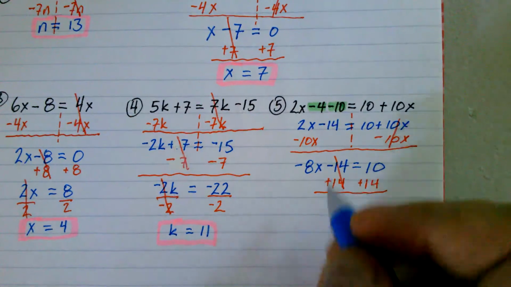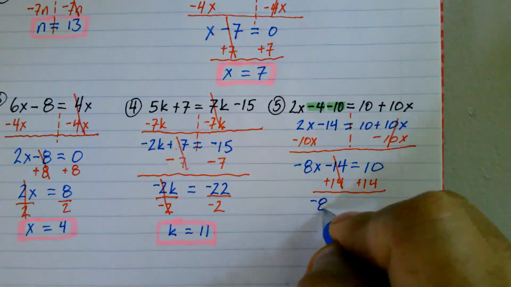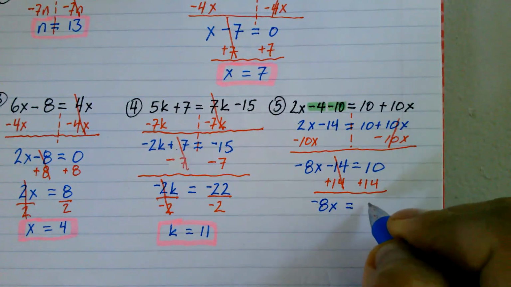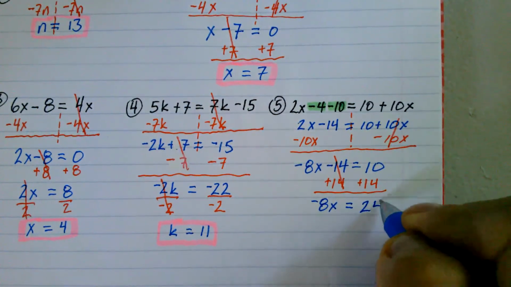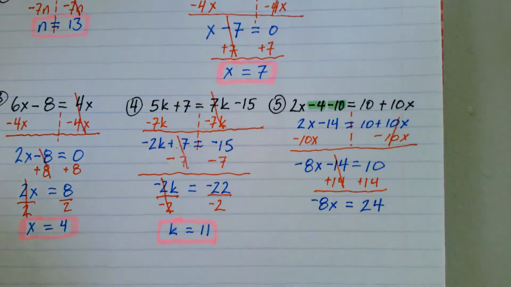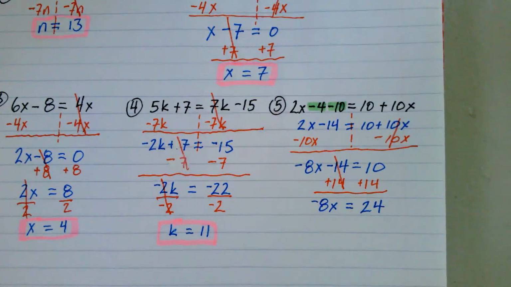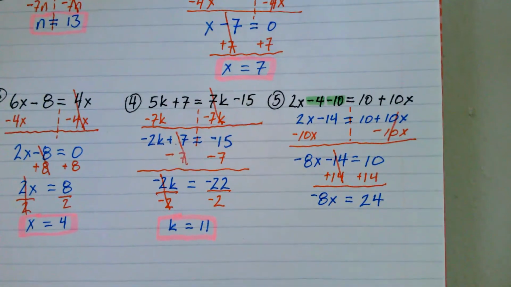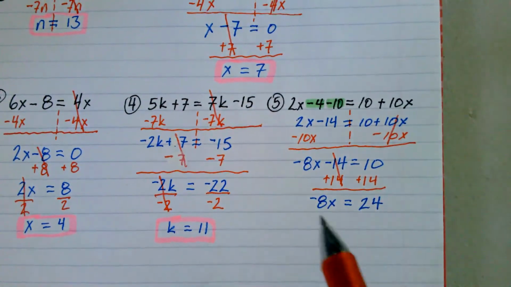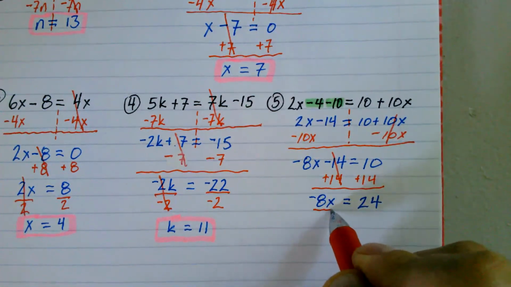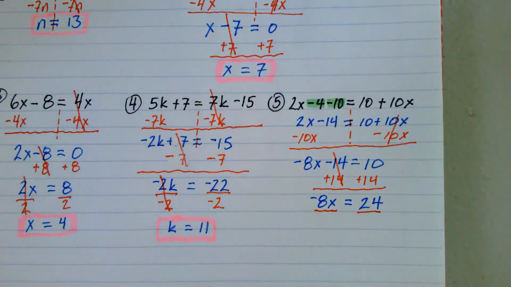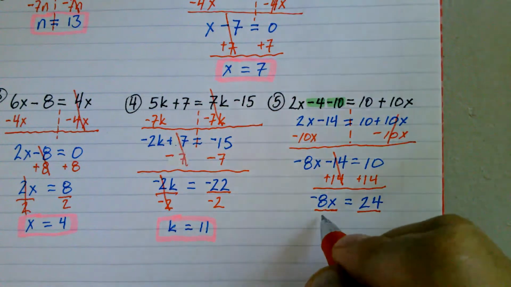Let's see what that gives us. -8x equals 24. Okay? Let's eliminate the -8, the coefficient. Divide. What do I divide by? Help me. What number exactly do I divide by? Divide by -8.